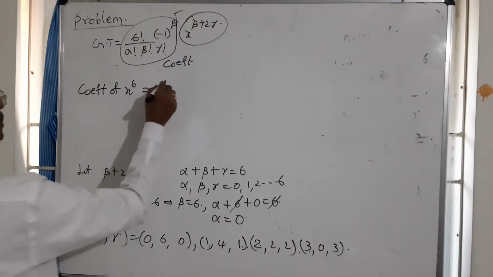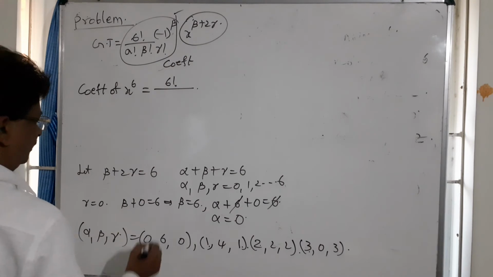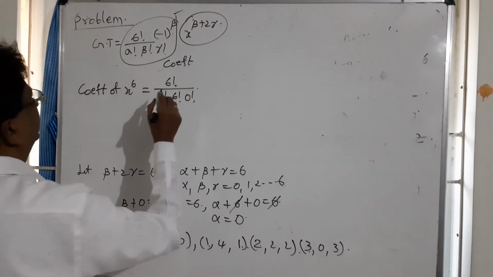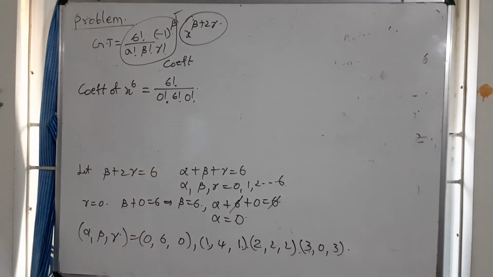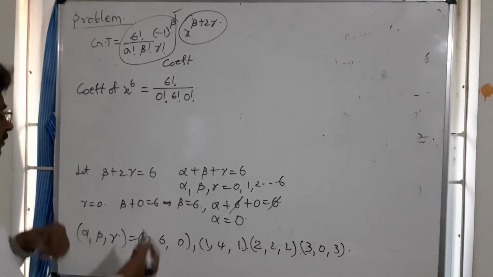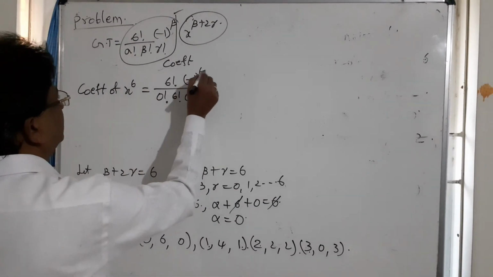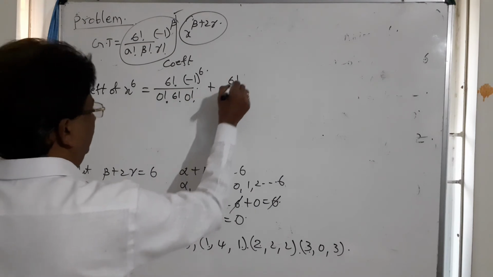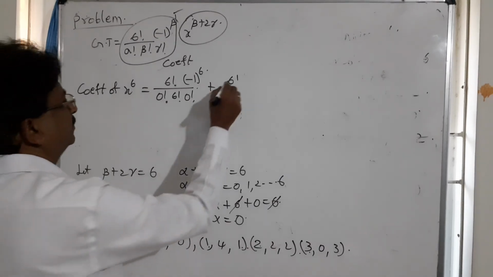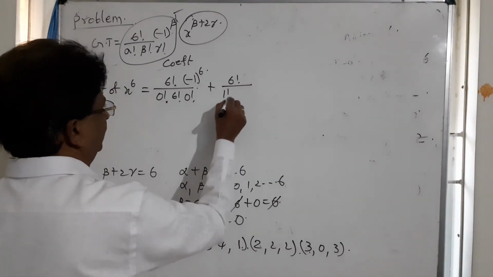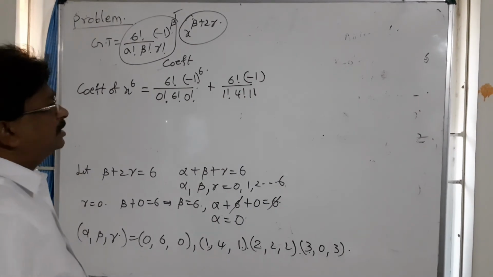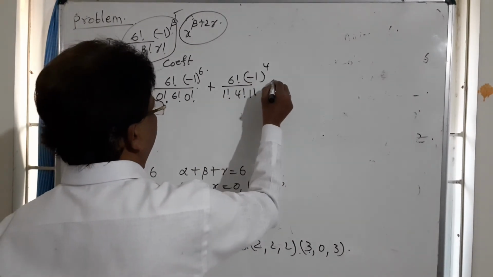is equal to 6 factorial divided by alpha factorial, 0 factorial into 6 factorial into 0 factorial, and minus 1 whole to the power of beta. We don't forget. What is beta here? 6. So minus 1 whole to the power of 6 plus, and the next situation, alpha 1, beta 4, gamma 1. 6 factorial by 1 factorial, 4 factorial, 1 factorial, and minus 1 whole to the power of 4.